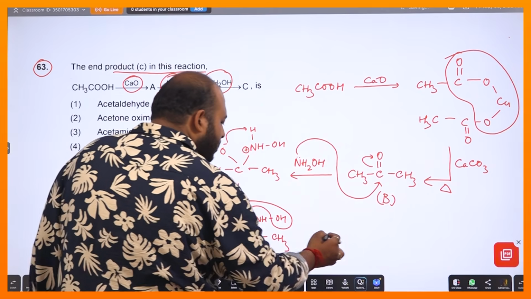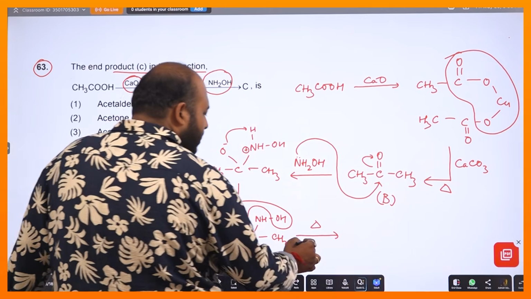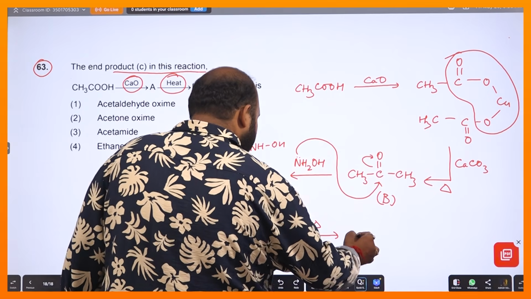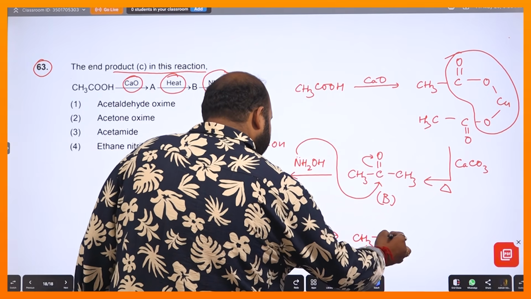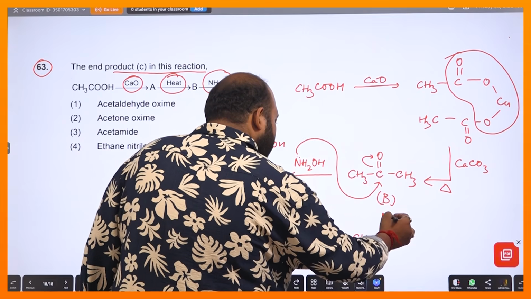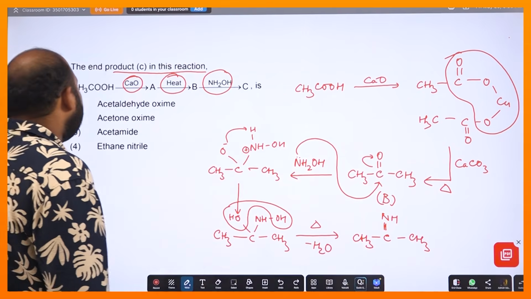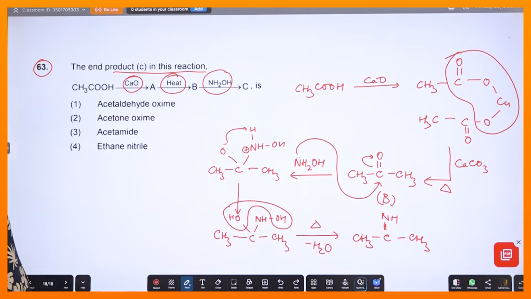Afterwards, if we give heat here, a mole of water will get released and it will form a product like this.